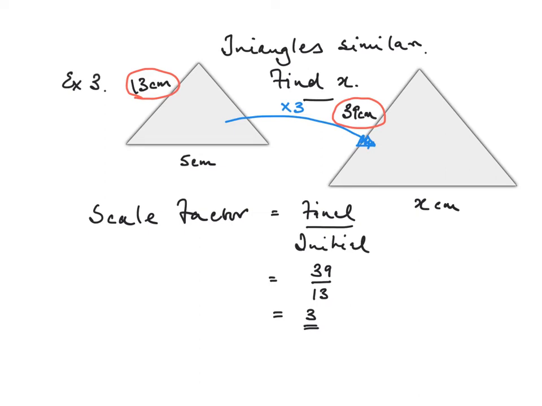And we're going to use that then. So if I multiply the 5 by 3, that will give me the value of x. So a simple calculation, x equals 3 times 5, and that's 15 centimetres.